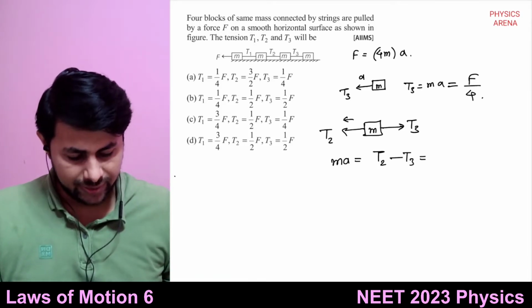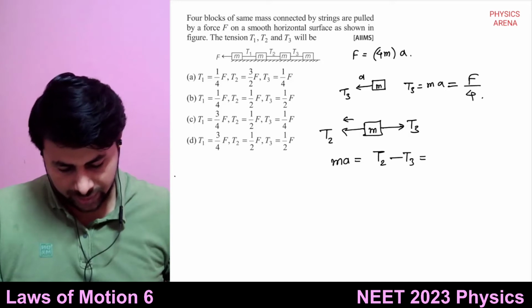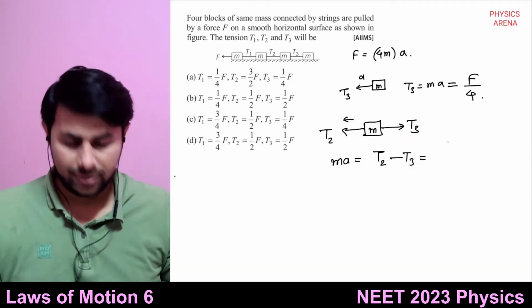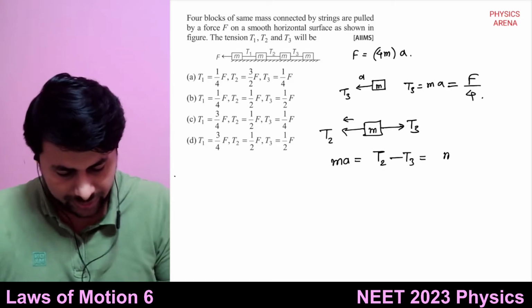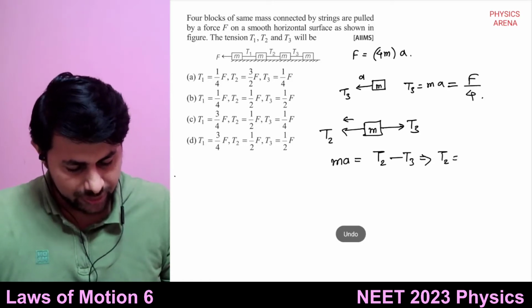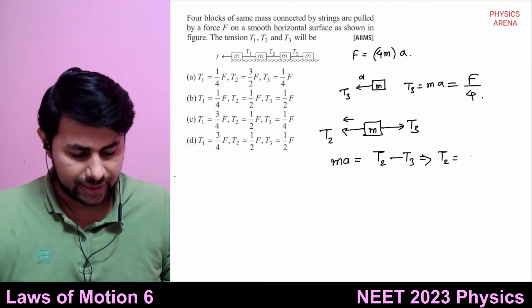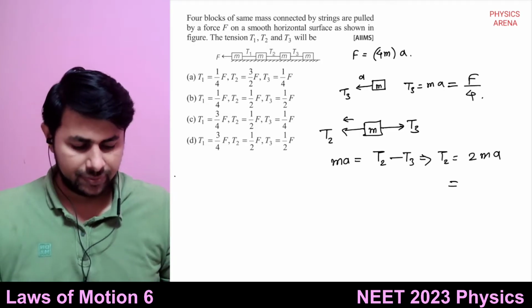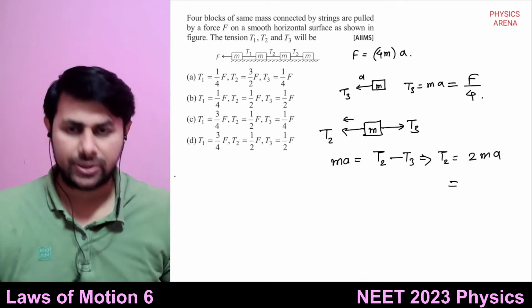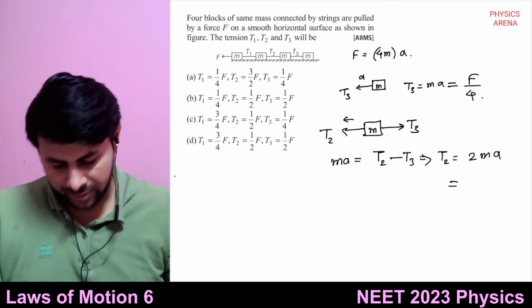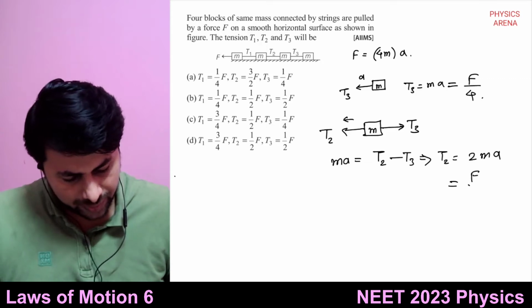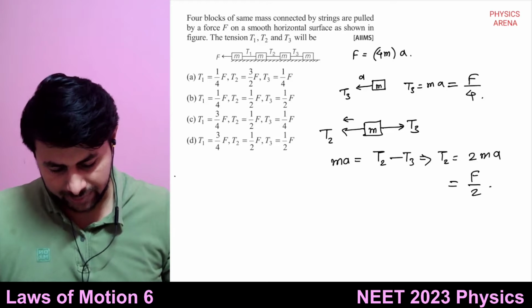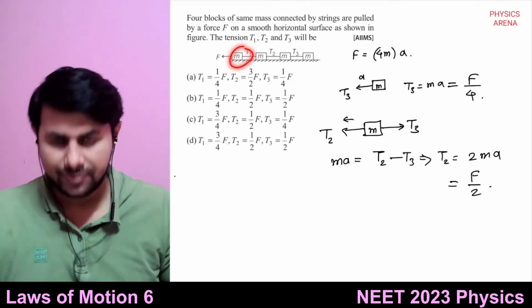So how much will be T2? Take T3 on the other side, so you get T2 equals MA plus T3, that is 2 times MA. And in comparison with force, how much is it? It is F by 2, right?